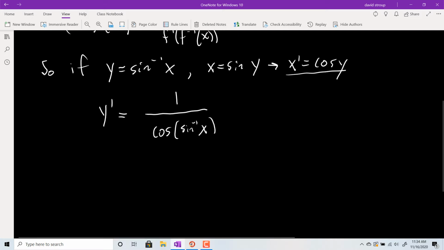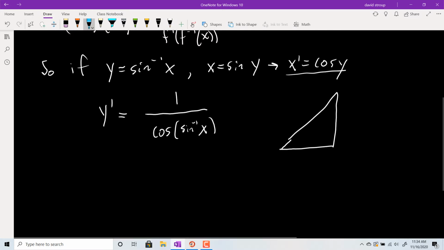And then we could use triangles to simplify that, right? So go over to your triangle, in particular noting the guts of this cosine function, sine inverse of x. So x is the angle we're worried about. If the output of sine is opposite over hypotenuse, then the input of inverse sine is opposite over hypotenuse.